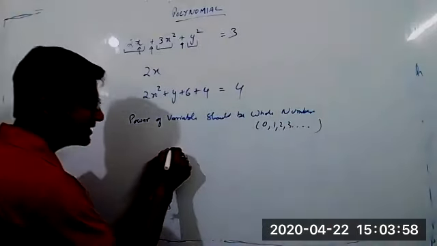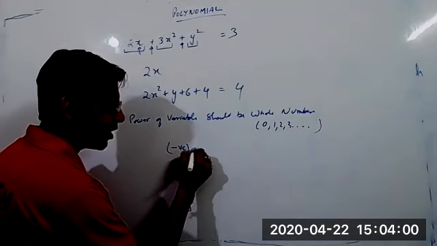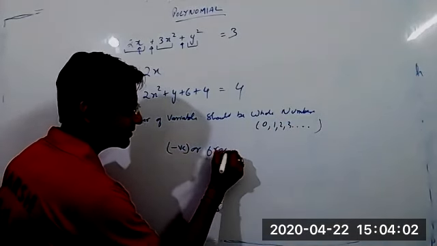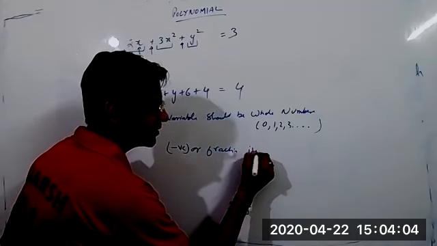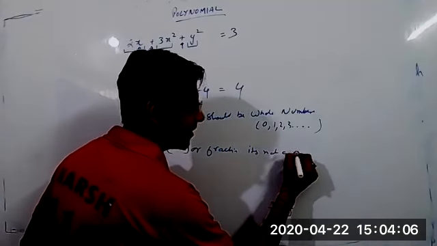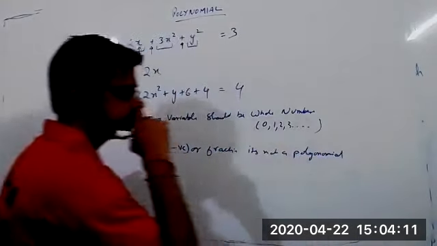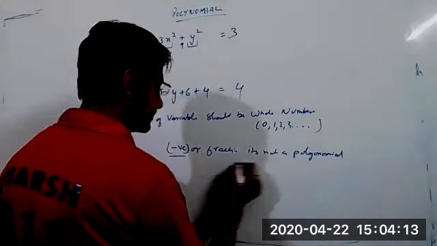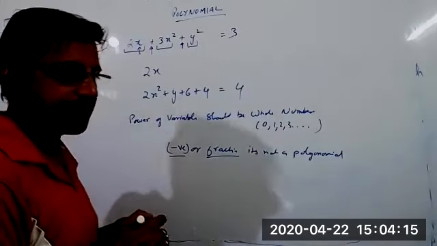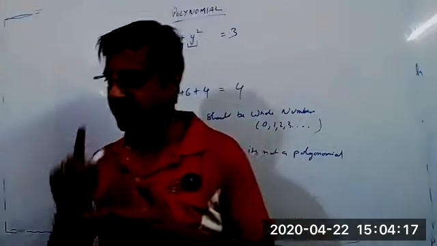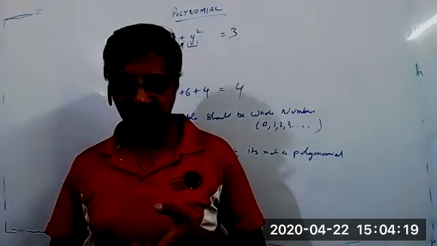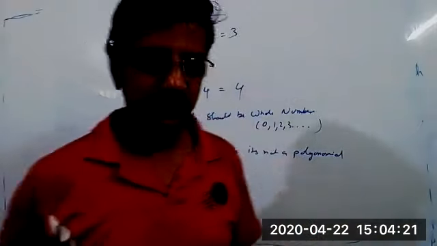If the power is negative or a fraction, it's not a polynomial. Very important thing. If the power of the variable is a fraction or negative, it is not a polynomial.